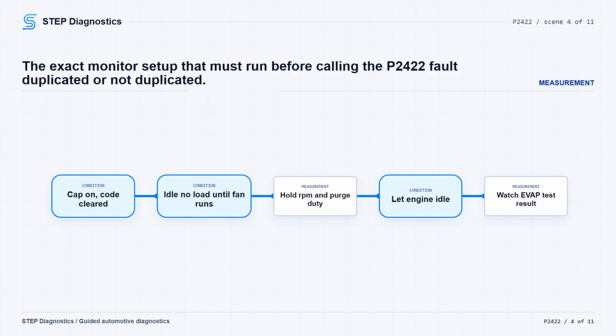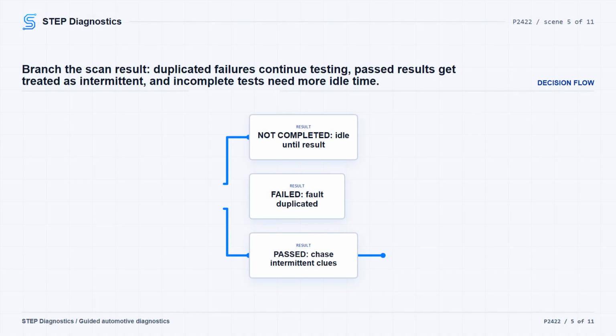Now monitor the OBD status for the EVAP fault group that includes P2422. If the HDS shows failed, the fault is duplicated, and you move to the EVAP canister vent line check. If it shows passed, treat it as a possible intermittent and repeat the captured conditions as closely as you can, including fuel level, engine speed, vehicle speed, and outside temperature.